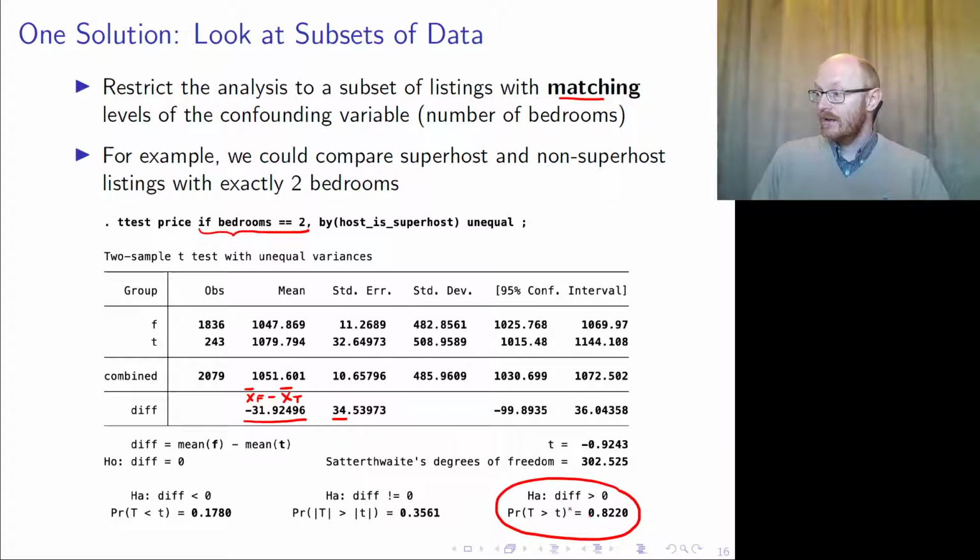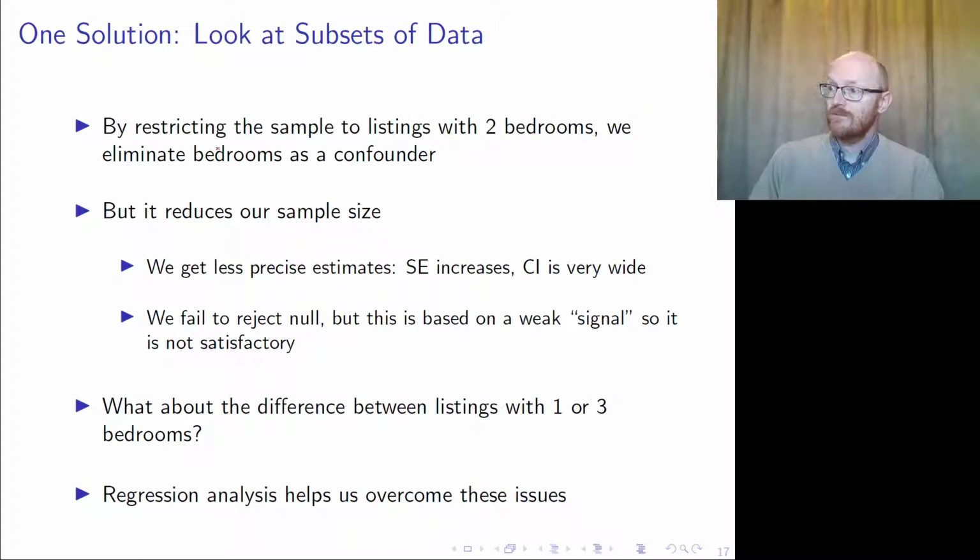And why is that? By restricting the sample to listings with only 2 bedrooms, we have eliminated bedrooms as a confounding variable, but it reduces our sample size.